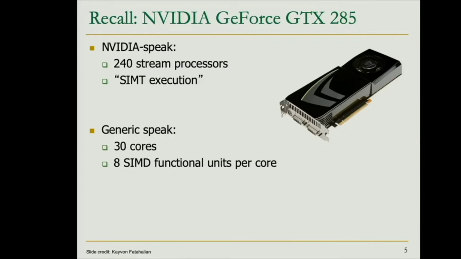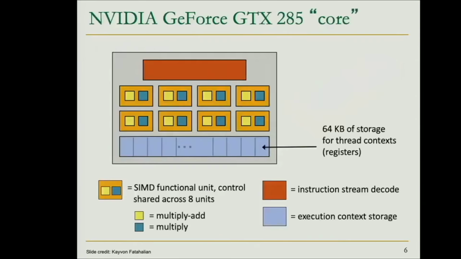You can see the detail here. This is one of these cores, one of these streaming multiprocessors in NVIDIA terminology, and inside each of these we have these different lanes. You can see the 8 of them.